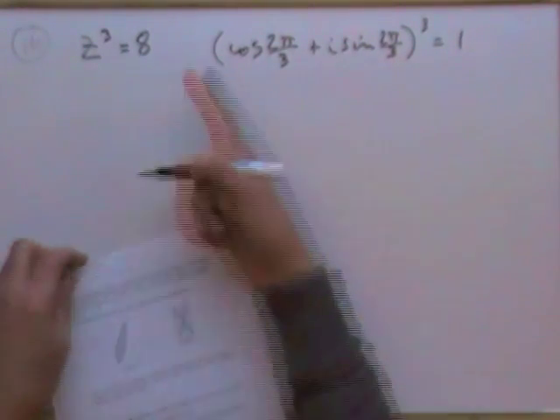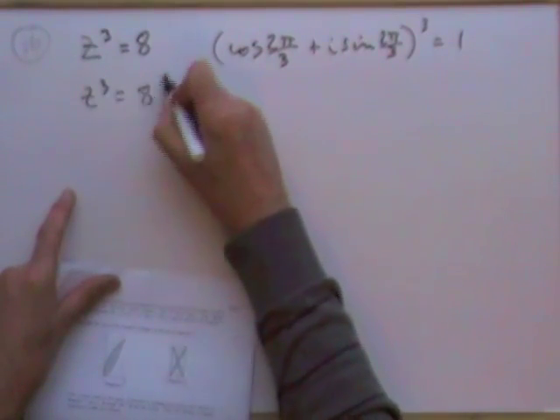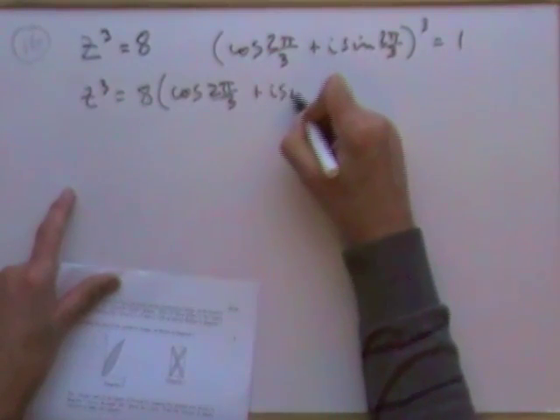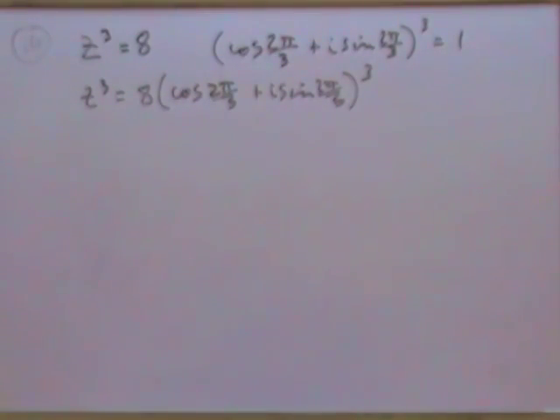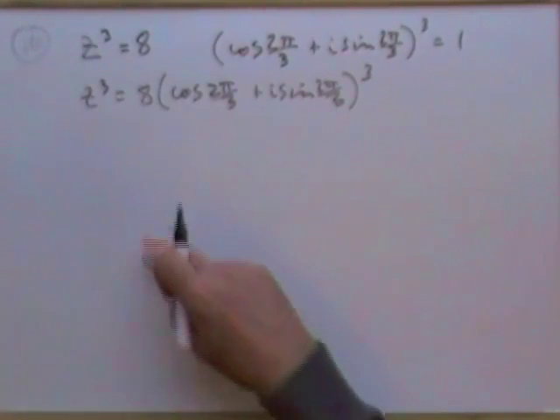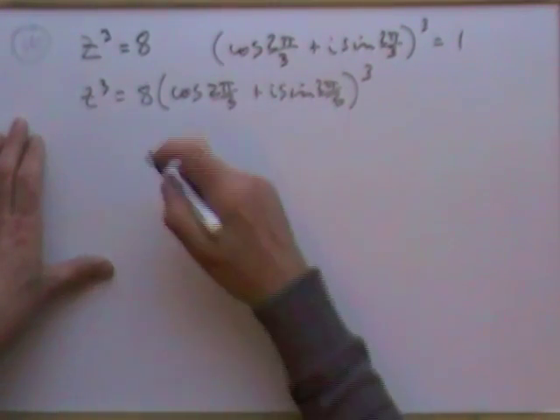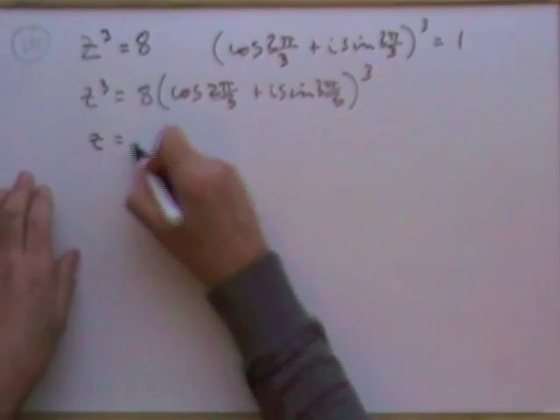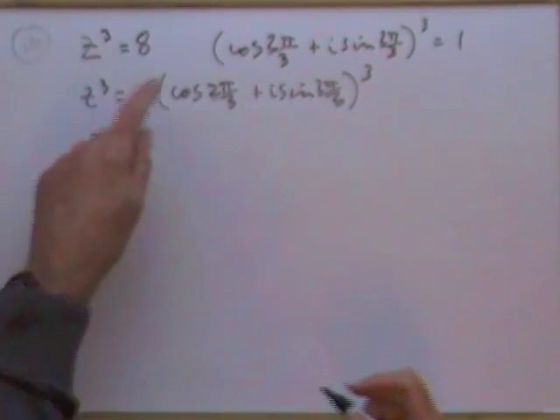Which means that to get 8, we would just do 8 times that. So that must mean that z cubed is 8 times cos 2 pi upon 3 plus i sine 2 pi upon 3, cubed. Which means effectively you've got the roots in there. I'll just change that to a 2 cubed, just to make that complete. But also, significantly, so that means for the roots, you'd have this, which means z would be, taking the cube root of all the sides, 2, cube root of that.